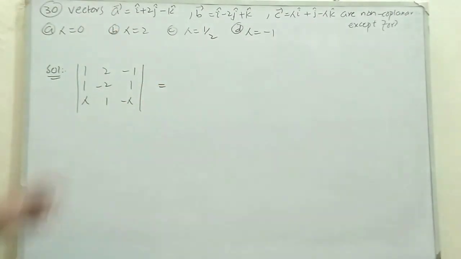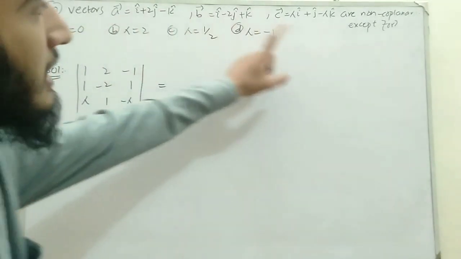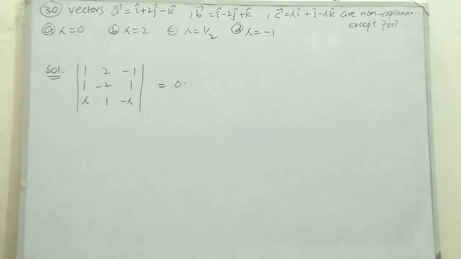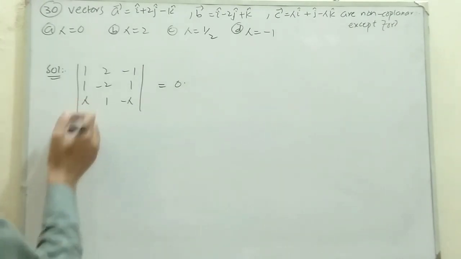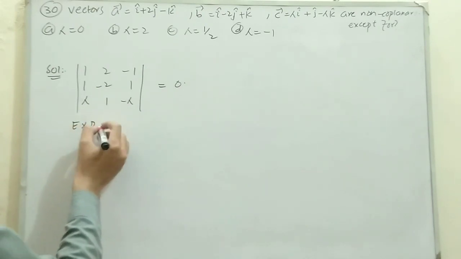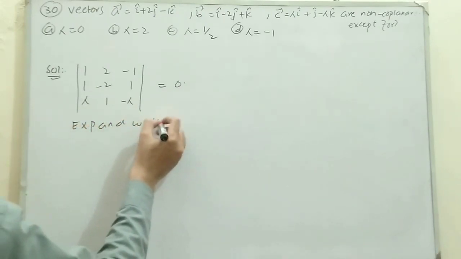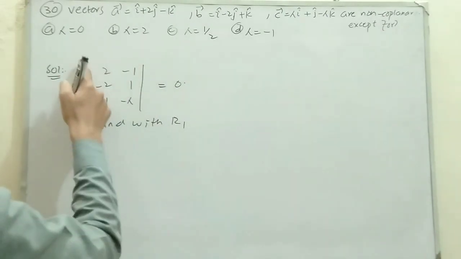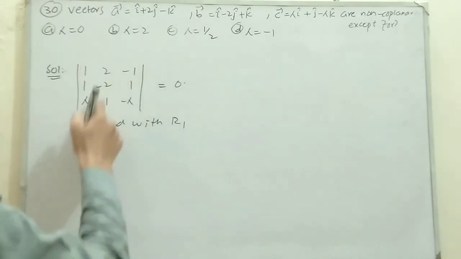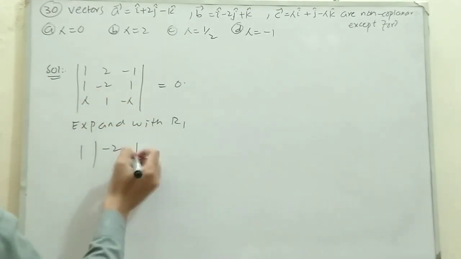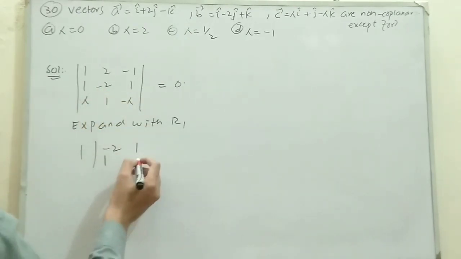Remember that the scalar triple product of the three vectors a dot b cross c will always be equal to 0 for the coplanar vectors. Now we are going to find the determinant for lambda. So let's suppose we expand it by row 1, expand with r1. So cross r1 and column number 1, we are left with minus 2, 1, 1 and negative lambda.